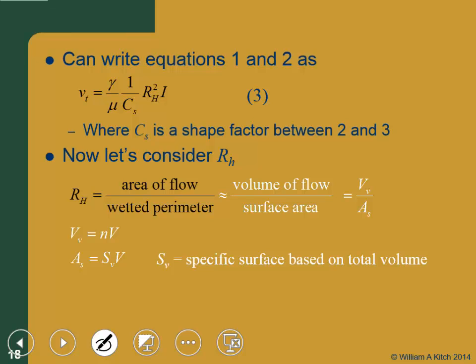The first one's easy, we know what porosity is. This one's a little harder. We've got to figure out how to calculate this specific surface. But if I knew it, I'd be in good shape. So then I could say that the hydraulic radius is really just going to be the volume of the voids divided by this specific surface.